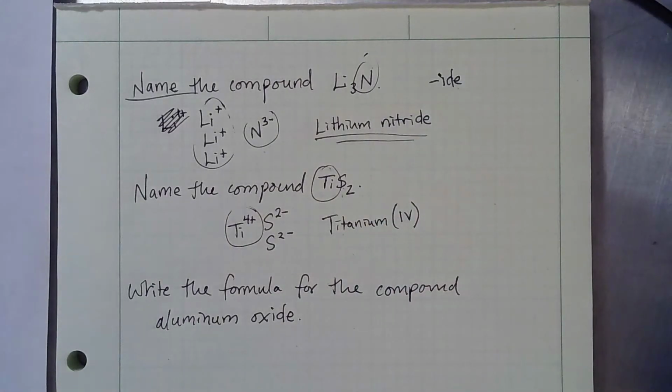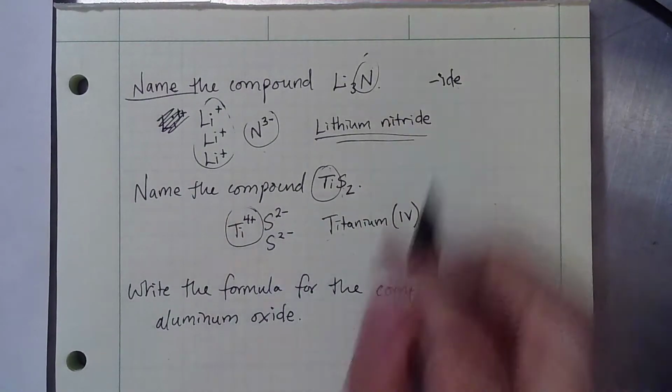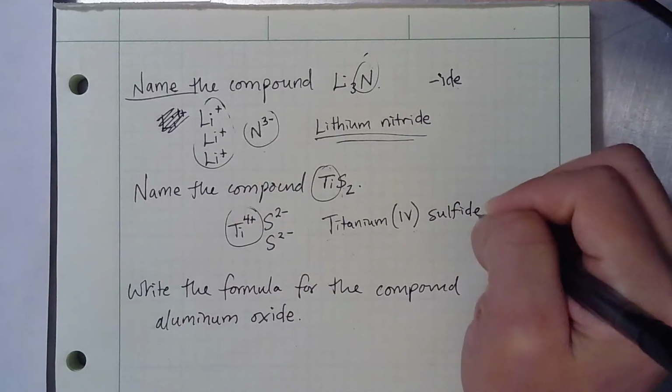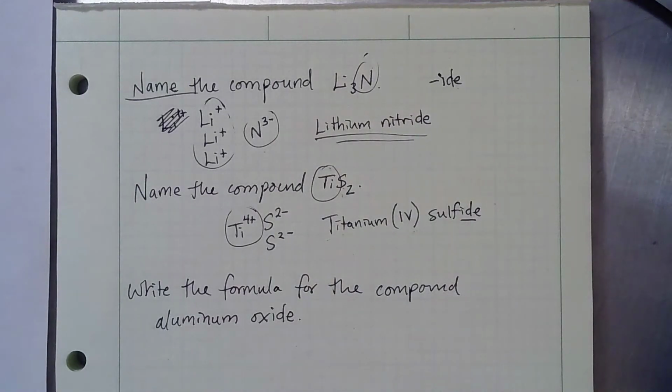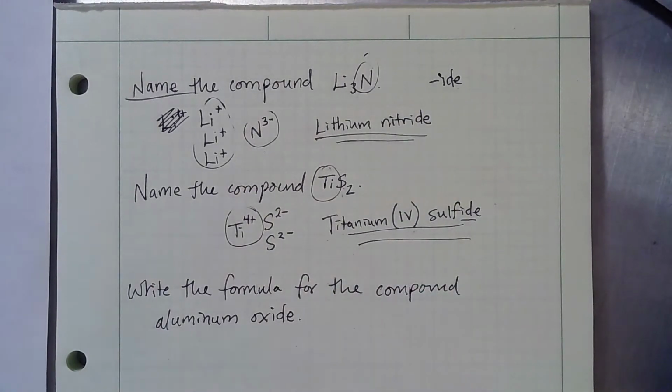So if you can't use the periodic table to come up with their charge, then you have to use a Roman numeral. So then this would be titanium 4 sulfide, because sulfur would change to sulfide when it gets that "ide" suffix. So there we go, titanium 4 sulfide.